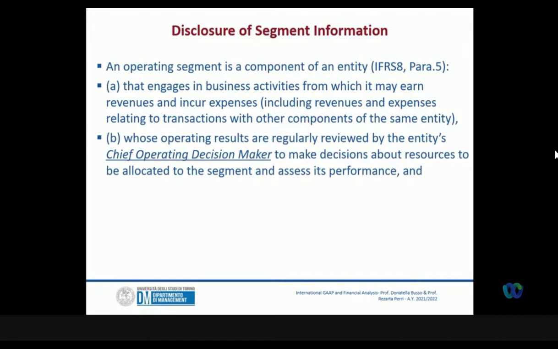So first, an operating segment is a component that engages in business activities. It generates revenue and incurs expenses, even though these revenues and expenses can be internal and not external to the market.